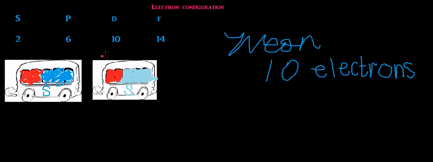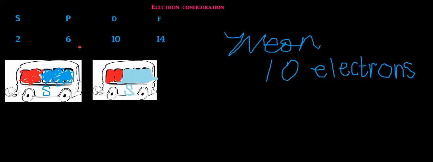Now we have the P orbital. I'll show you a chart later in this video that shows exactly the order in which the electron configurations go. After the 2s comes the 2p. The 2p, if you remember, has 6.